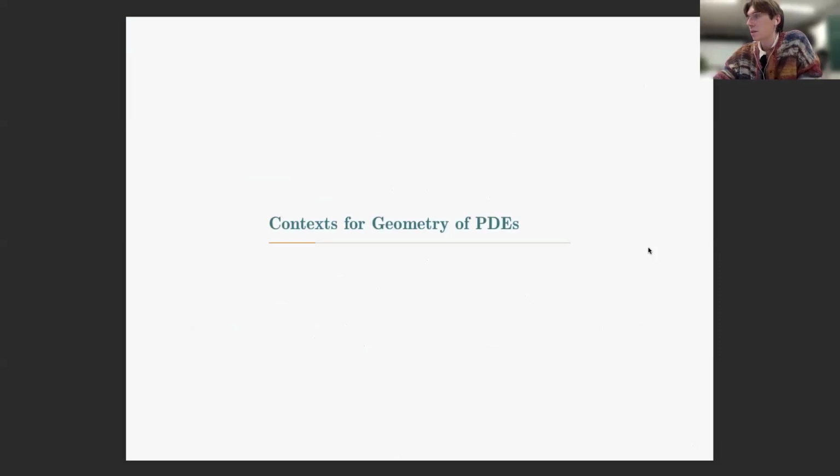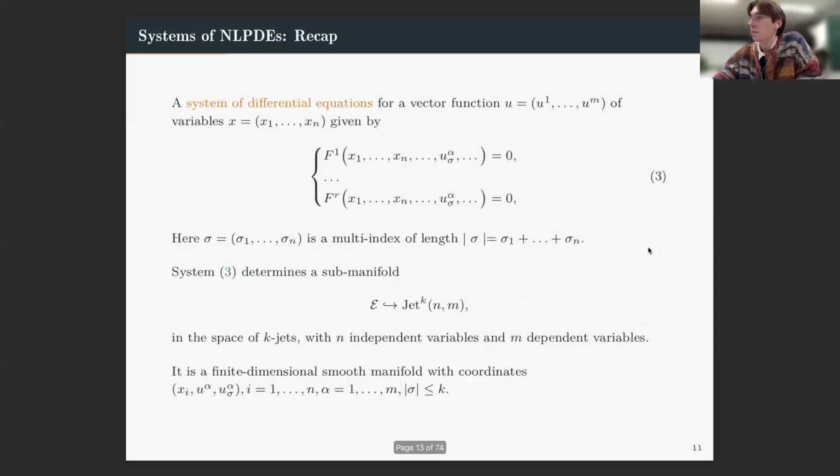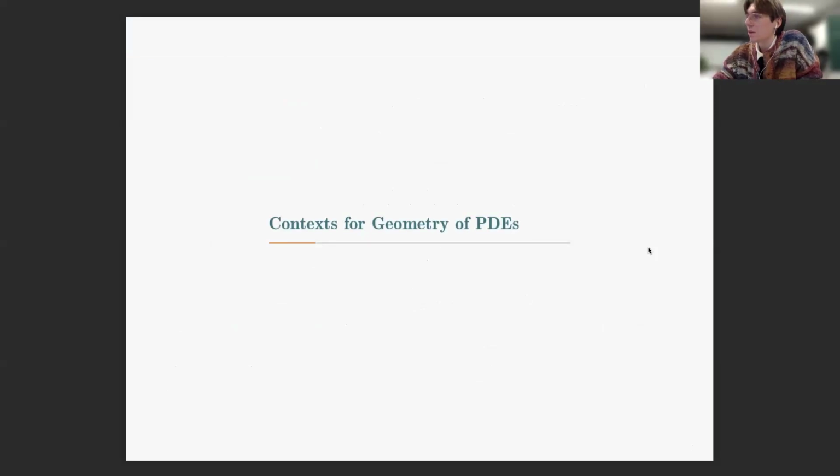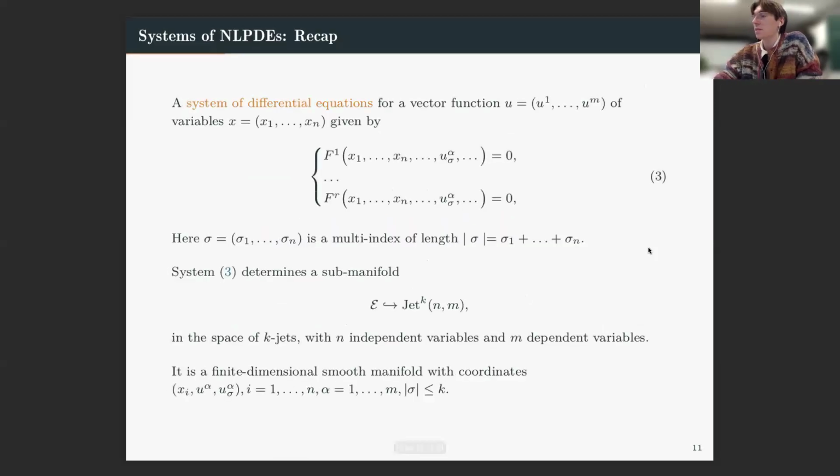So to get to where we'd like to go, we should discuss probably what most of you are very familiar with in this. So set some context for PDE. So we know it's some system of equations and some vector functions and some dependent variables with the usual multi-index notation. And as usual, we have some submanifold or some subspace in some space of k-jets, with m dependent variables and n independent variables. So again, this is finite dimensional as usual.